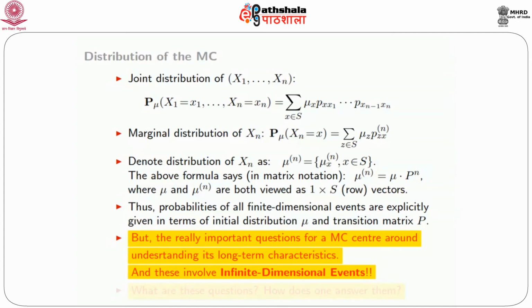Unlike the finite dimensional events, for which we have explicit formulas in terms of the initial distribution and transition matrix P, it's not so easy to get such explicit formulas for infinite dimensional events, even though the probabilities are all determined by mu and the transition matrix. But the issue is, what are those questions that one is interested in? And in view of the difficulty I have just raised, how does one answer them?